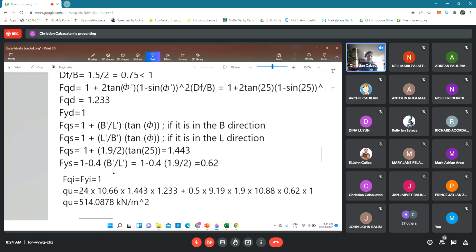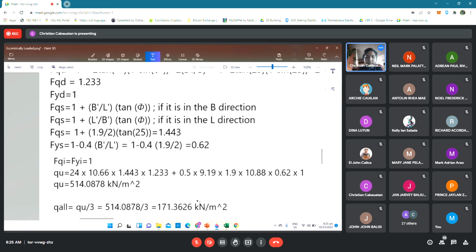Okay? So, by using the formula of Meyerhof, then we will just input all the given data or the solved data, and then we can get qu, it is equal to 514.0878 kilonewton per meter square.